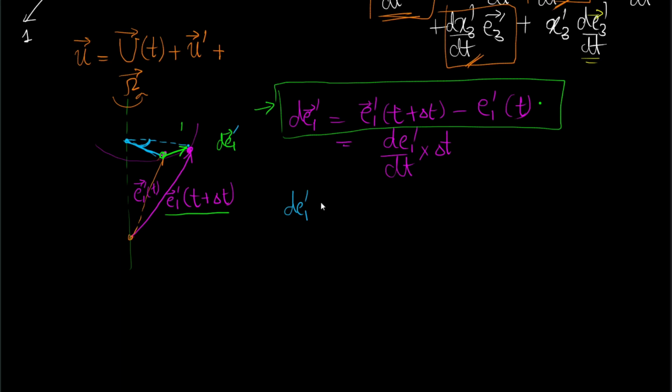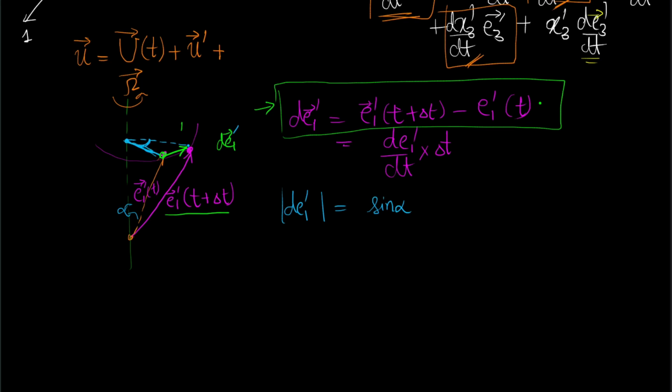So the magnitude of it is going to be this r theta. So what is the radius going to be? If this angle is alpha, the radius will be sine alpha, because the magnitude of E1 is 1.